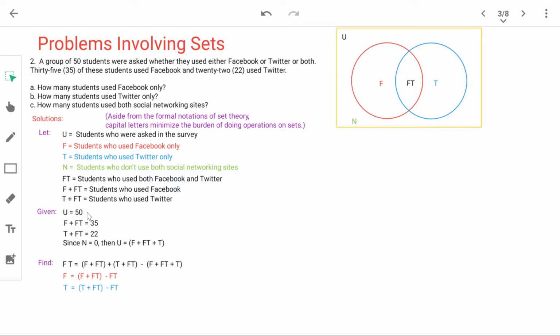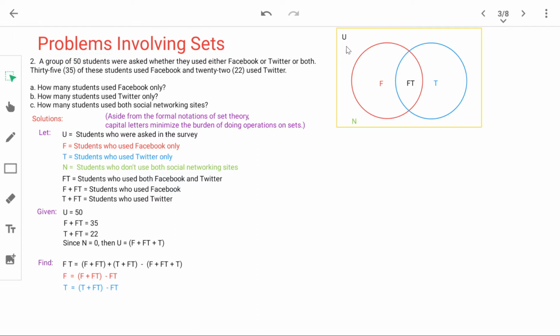Let's go to the given values for our universal set. So 50 students. When we say universal set, these are the elements of the set in a particular discussion. So here we are talking of 50 students who were surveyed whether they use Facebook or Twitter.